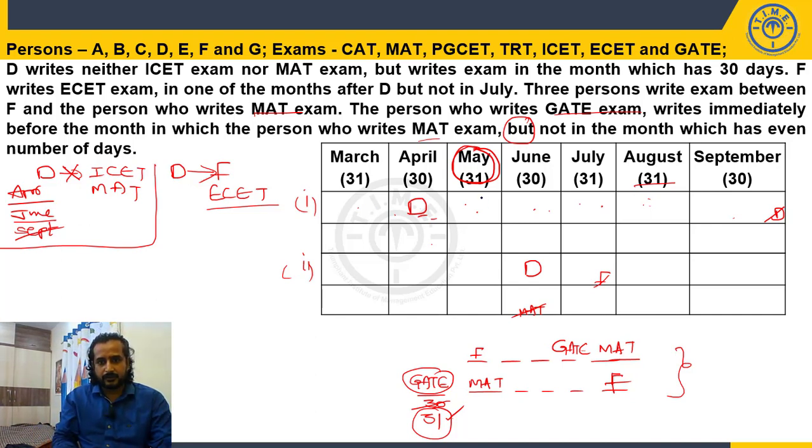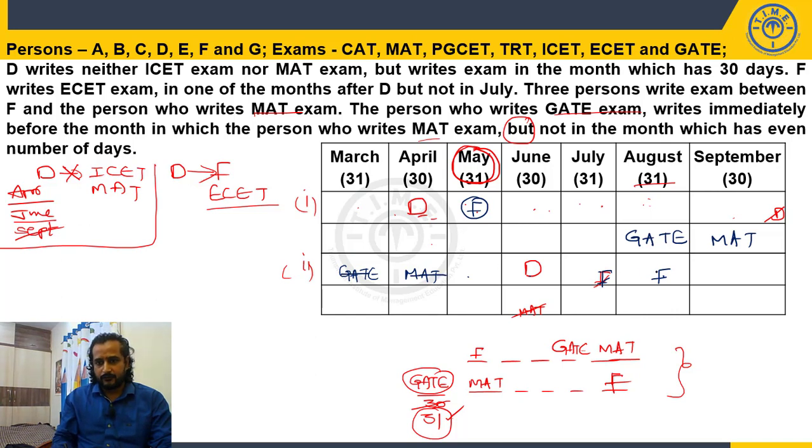So F is in the month of May and 3 gaps, and this will be MAT, and immediately before MAT, GATE. Perfectly matching. Okay. Now after D we need to place the F in case 2. So in any way it is not the F. Let me take the F here. F, 1, 2, 3 gaps, and it is MAT, and it is GATE. Is it okay? Yes. GATE in the month of 31 days. Okay, it is possible.